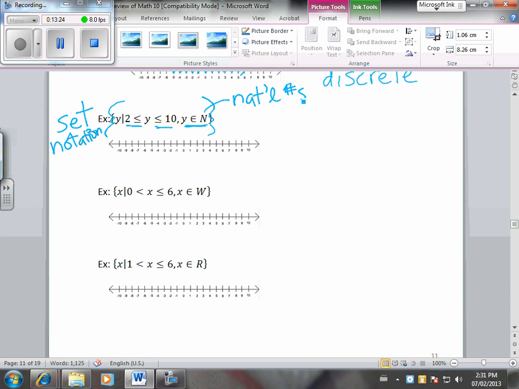Okay, so we start at 2, and it's a greater than or equal to, so we have a filled in dot, and then 10 is our upper limit, and that's also included. And then it's all natural numbers. So natural numbers, again, these are things that exist in nature. So think of apples, okay?